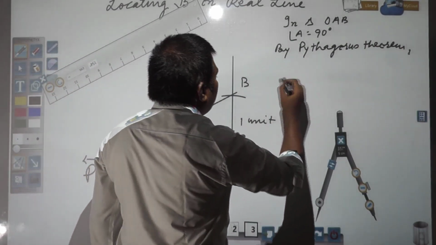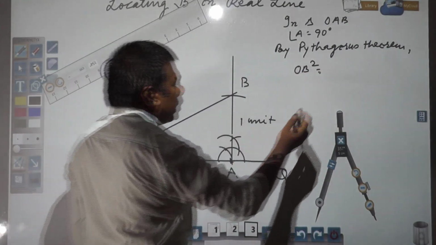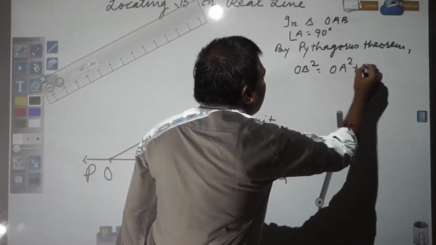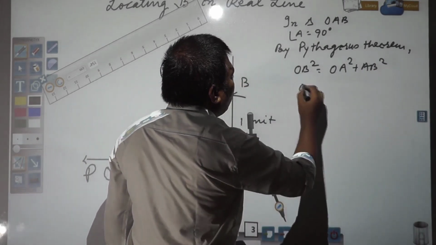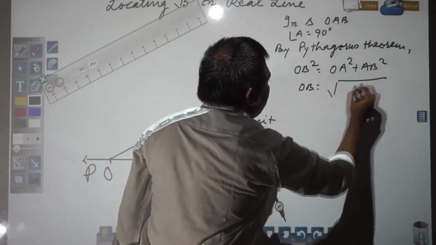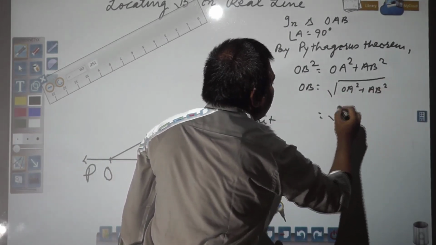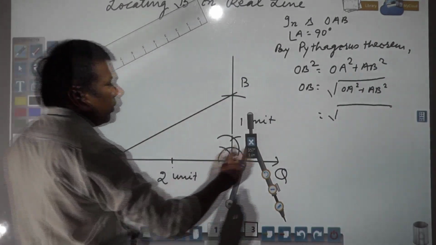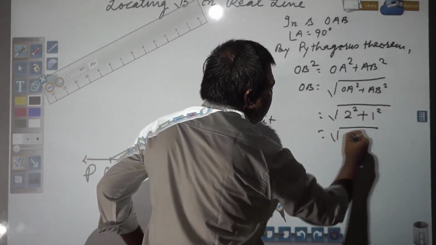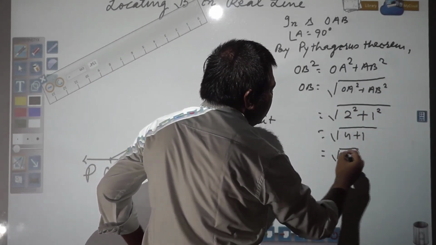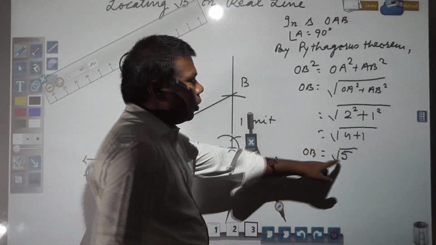Hypotenuse square, means OB square, is equal to OA square plus AB square, and here you see OB will be equal to root under OA square plus AB square. Now you see OA you have 2 units, 2 square plus 1 square, it means 4 plus 1, and finally you got under root 5. So this length OB you have got is under root 5.